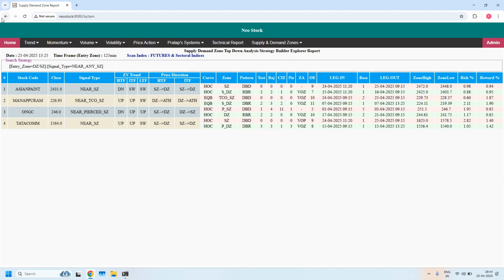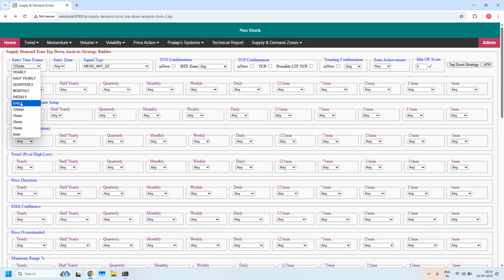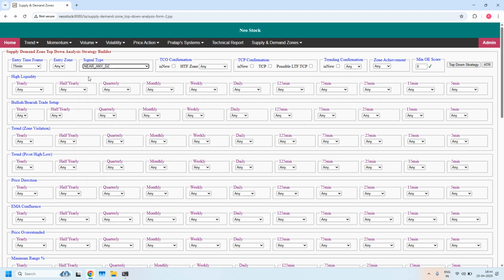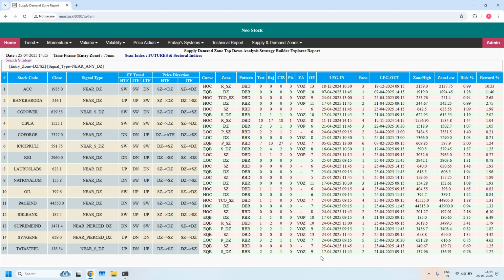Okay, next time frame is 75 minutes. Entry time frame 75 minutes. Let us find the stocks near to the 75 minutes demand zone. We got 15 stocks. Let us identify 75 minutes high liquidity demand zones from this list.